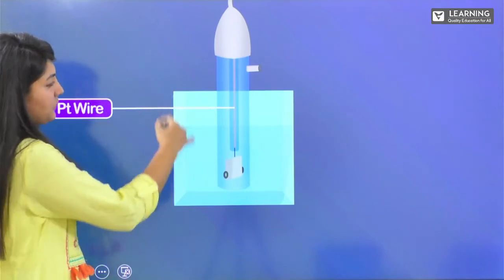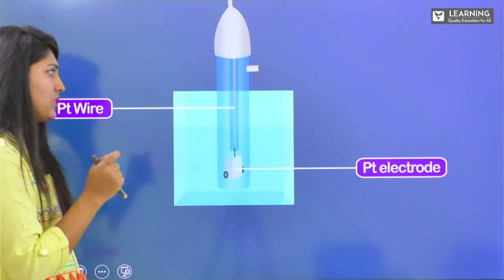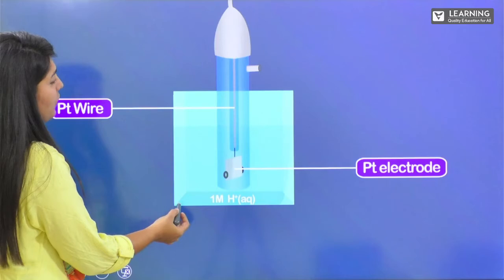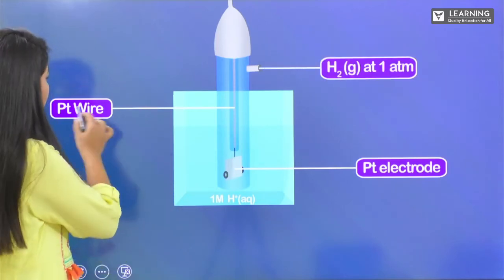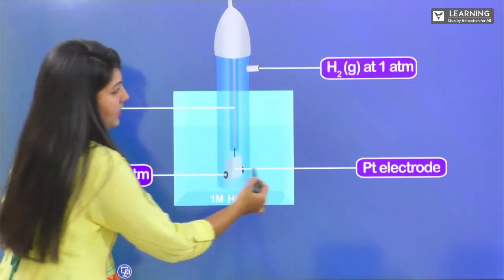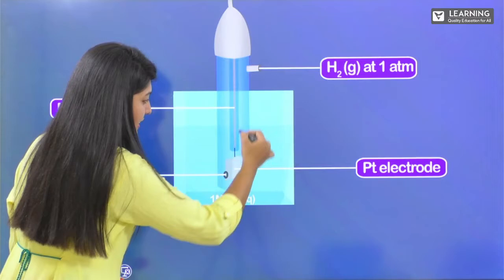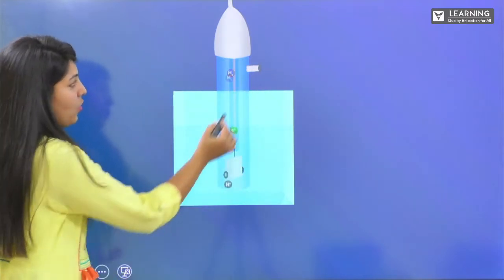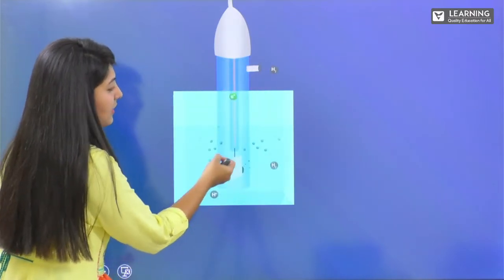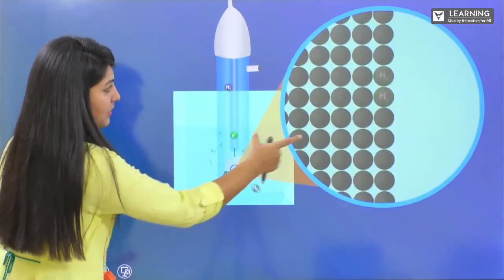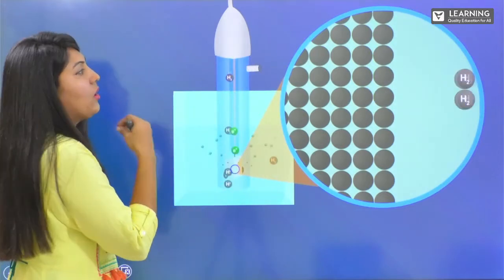This is the standard hydrogen potential, and how to find it out. This is a setup where we have a platinum wire, platinum electrode, hydrogen which is getting in through the inlet, and this is the outlet. When the electricity passes through, hydrogen will be gaining or losing electrons and getting oxidized.